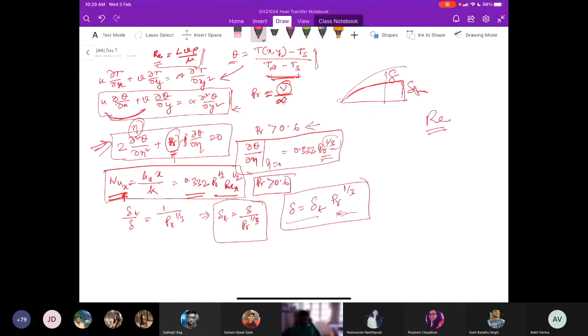If your geometry is similar, it need not be identical. For example, you have a smaller pipe with diameter small d1, and the other pipe is capital D1, which is greater than small d1.